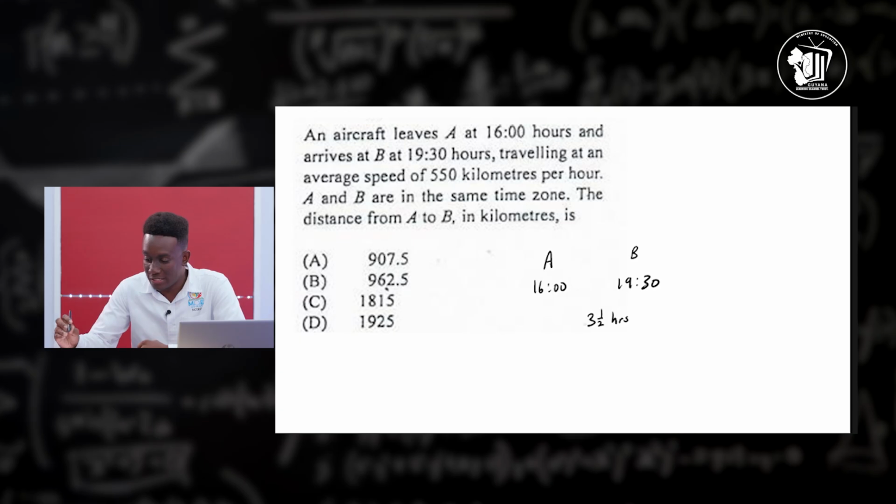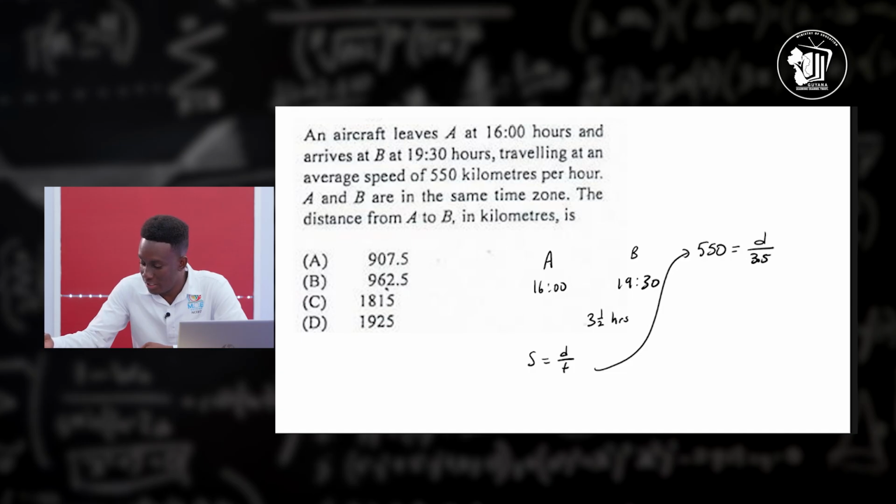So if it traveled at a speed of 550 kilometers per hour, they want to find the distance from A to B. So speed is equal to the distance divided by the time. In this case, we were told that the speed was 550 kilometers per hour, and this is equal to the distance that we want to find divided by the time that was taken, which is 3.5.